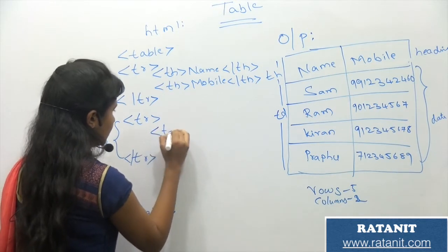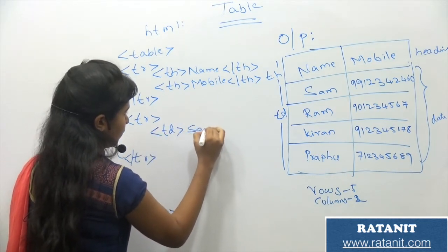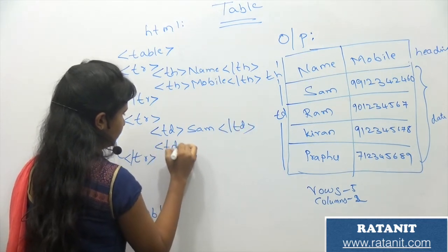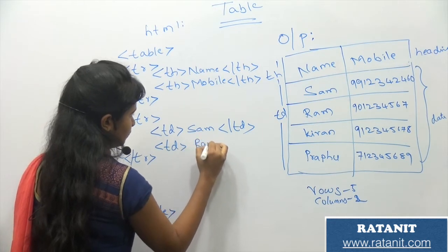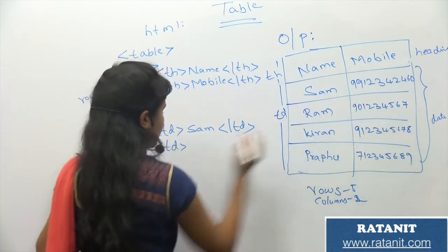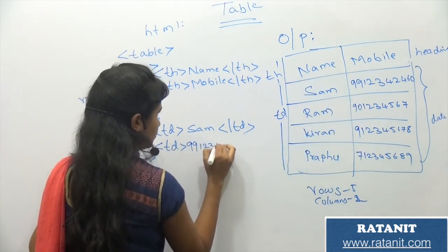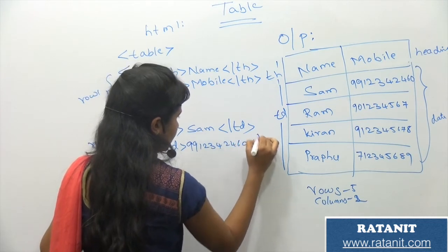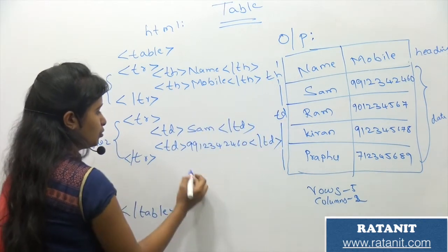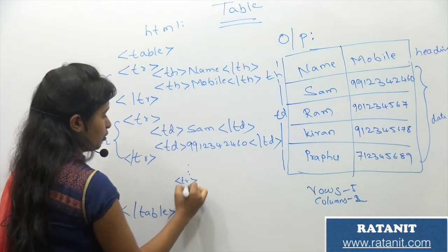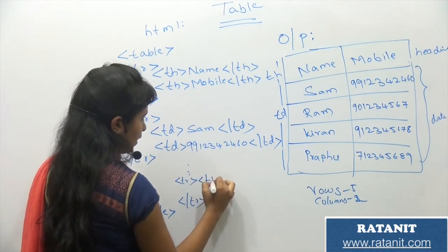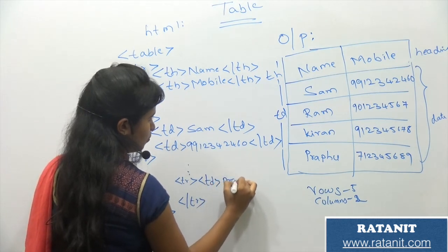See here, TD, Sam. Sorry, here I need to give my mobile number, my first data, second data. Like that, for each and every row you need to give it the same way, starting with TR and ending with TR. Last one is TD Prabhu.